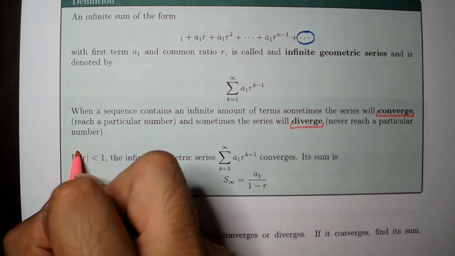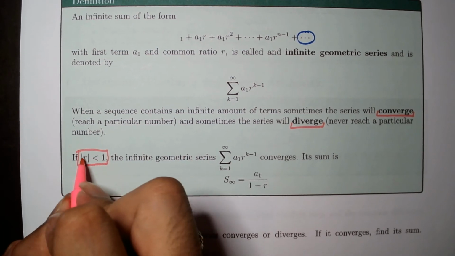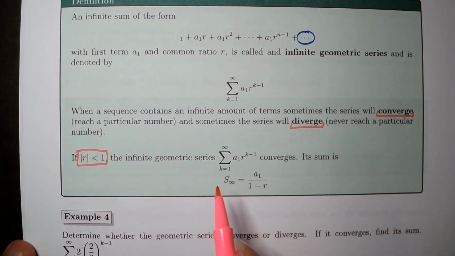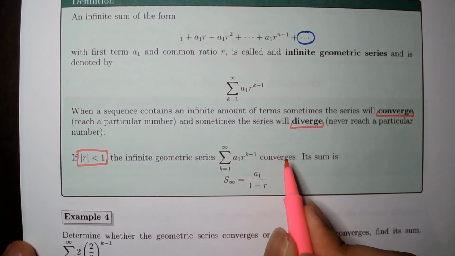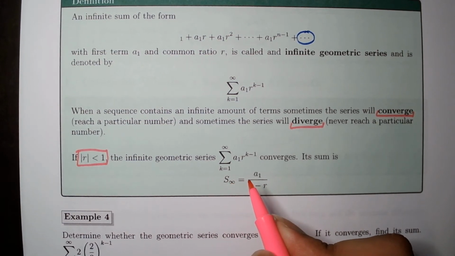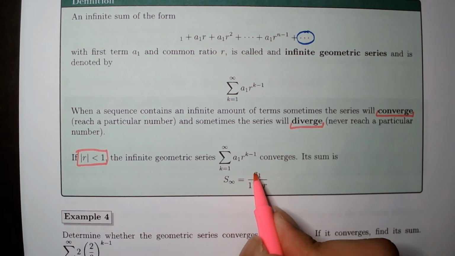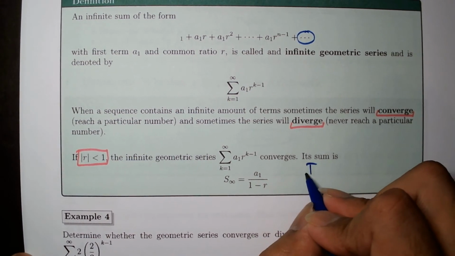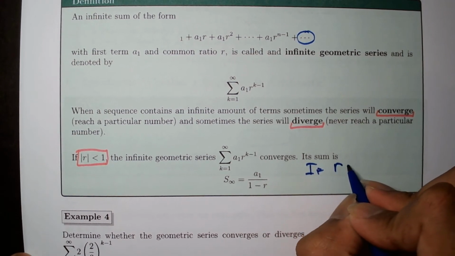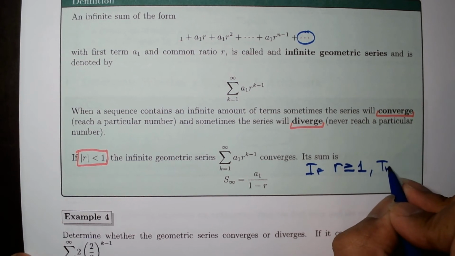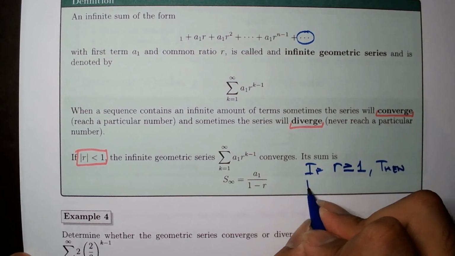So if the absolute value of r is a number less than 1, then the geometric series converges, and its infinite sum, this S subscript infinity, is given by the first term divided by 1 minus the common ratio. However, if r is greater than or equal to 1, then the series diverges.